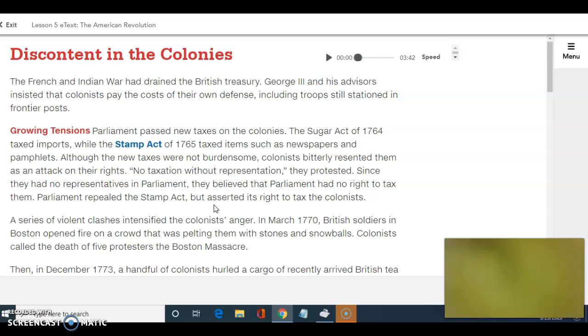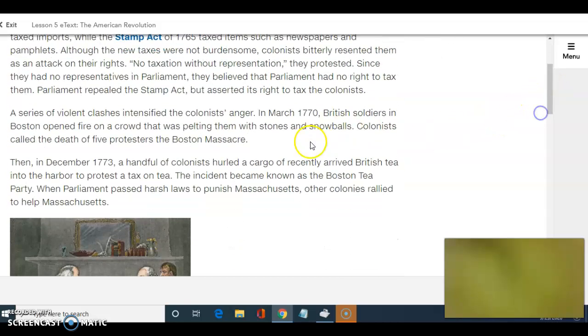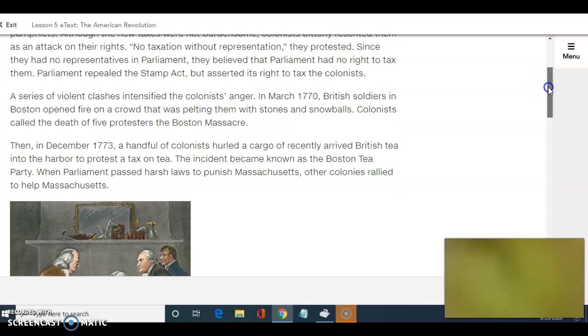In 1770, as the protests start to rise, you have what's called the Boston Massacre, which is basically colonists started throwing snowballs and stones at the soldiers, and firing broke out, and some Americans were killed. This only inflamed the anger in the colony.